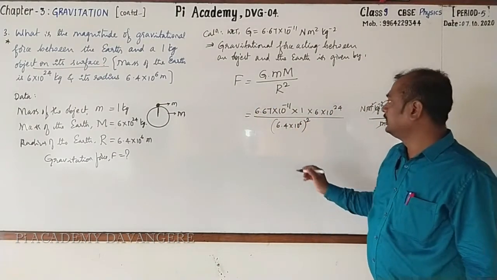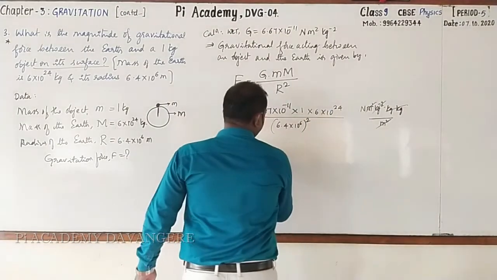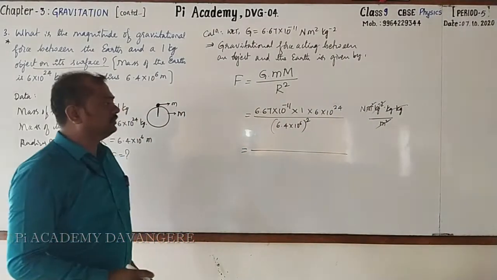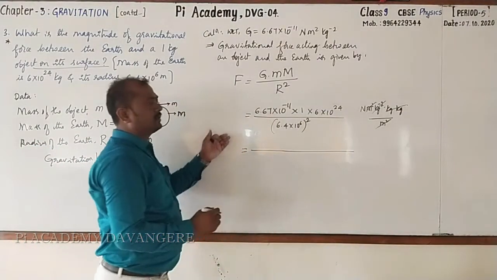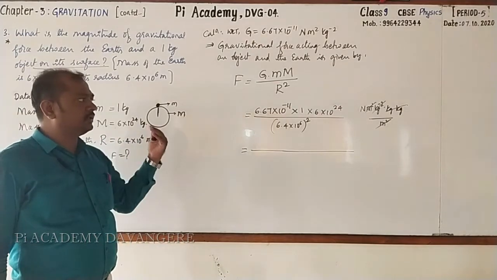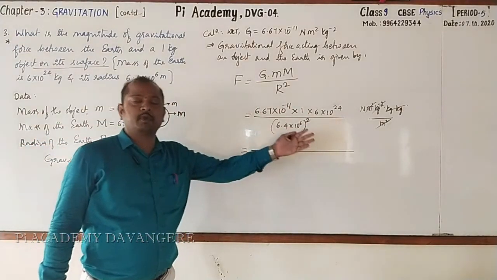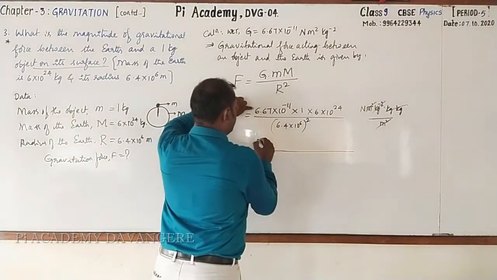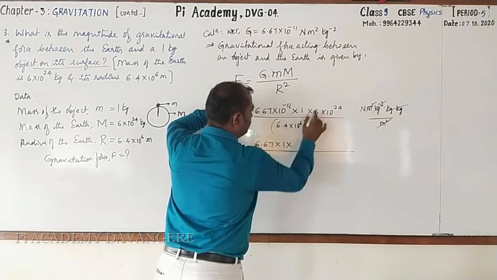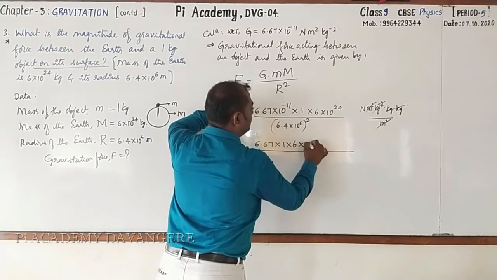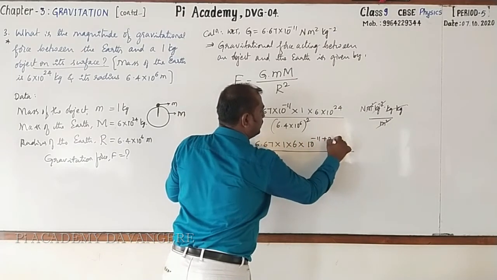Got it? Now this is equal to, first here we know how to solve this type of problem when exponents are given. First write the decimal numbers and other numbers on one side, the left hand side, and write all other exponents on the right side. It is 6.67 into 1 into 6 into 10 raised to the power minus 11. Then this is 10 raised to the power 24.